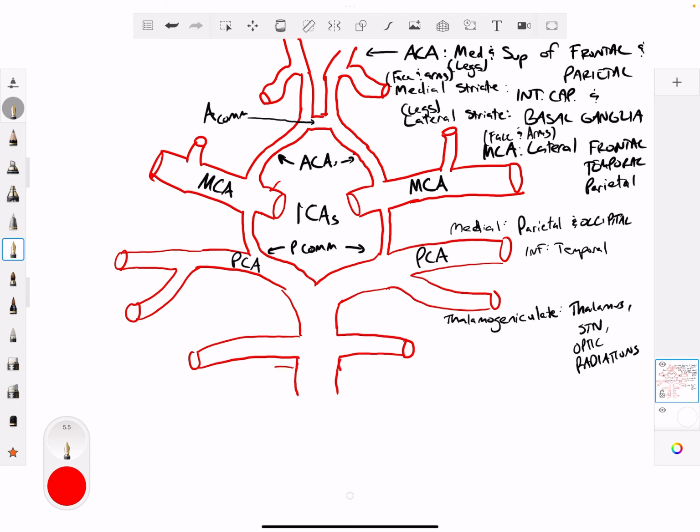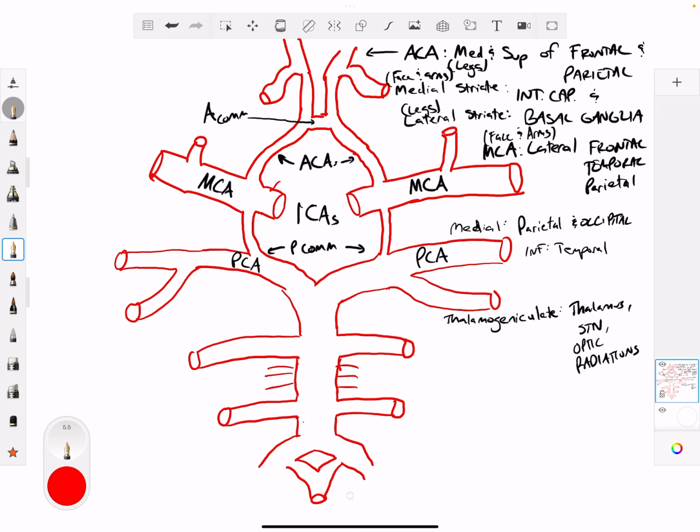So let's do some pontine arteries here. We'll get our ICA. All right. And we'll come on down and let's divide into some vertebral arteries here. And we'll come back together, forming that anterior spinal artery.